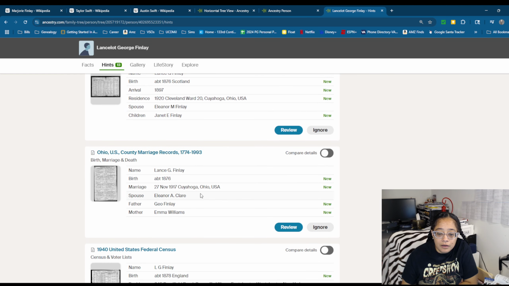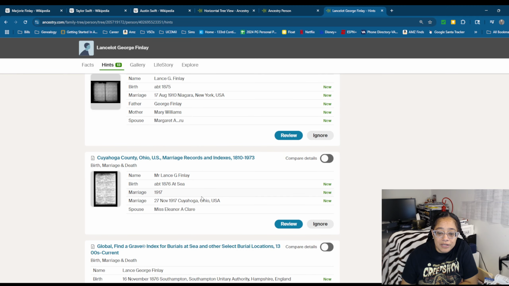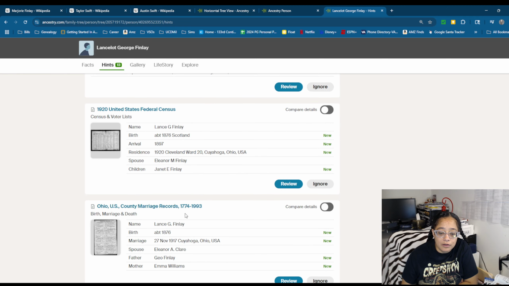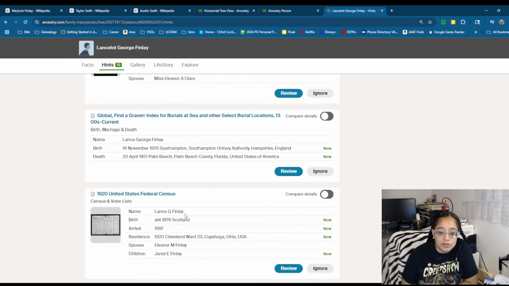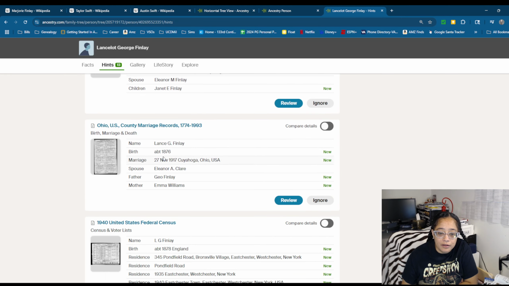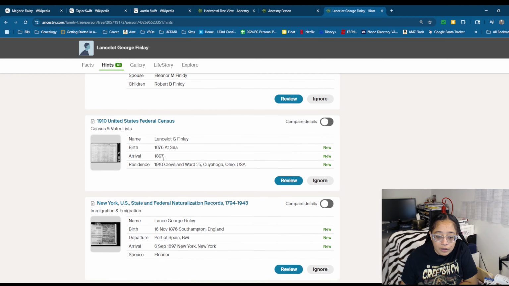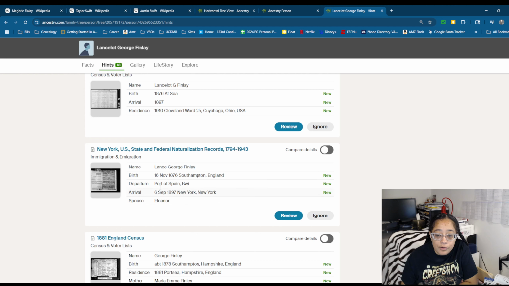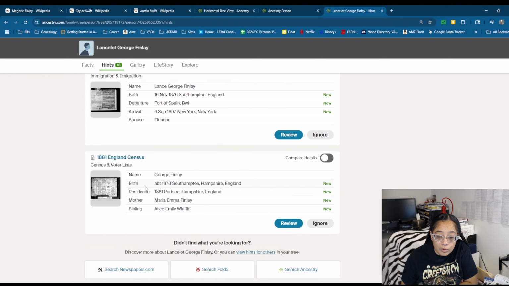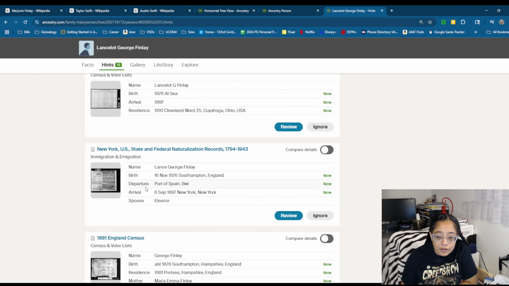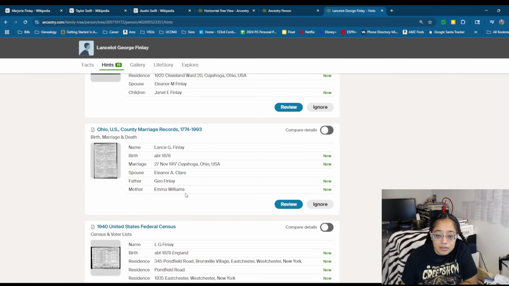And then, okay, so maybe a cleaner version. Yeah, it looks like a cleaner version of the Ohio. There's one for the county and then one for the actual state level. And then, so it looks like he was born in England and then came over with his, so maybe they went to England after they got married, it looks like.